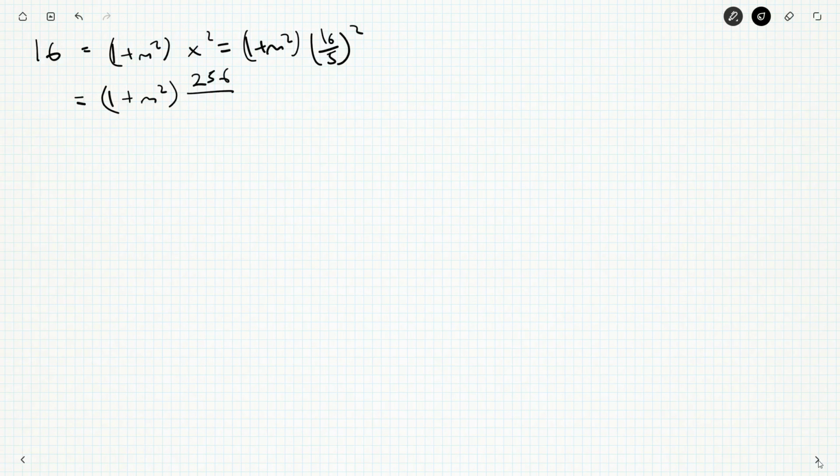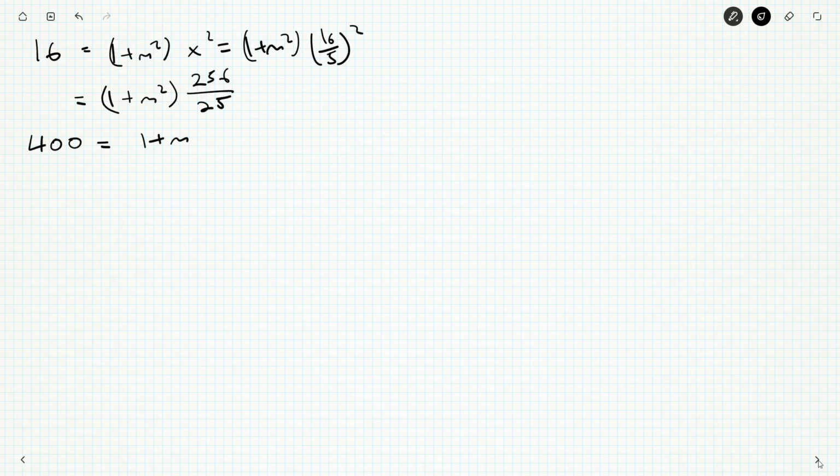So we know 16 is 1 plus m squared x squared, well, that's 1 plus m squared, 16 over 5, all squared. So that's 1 plus m squared, and we'll get 256 on top, 25 on the bottom. Multiply through by 25. 16 times 25, that's going to be 400.